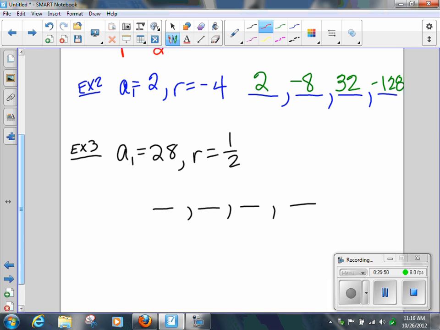I start where? 28. Some of you are going to blow that calculator up. What's 1/2 of 28? What's 1/2 of 14? 1/2 of 7. 3.5 or better, 7/2. Questions? Got this? All right.